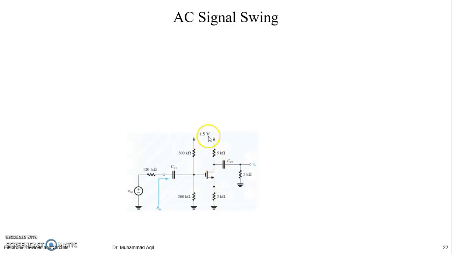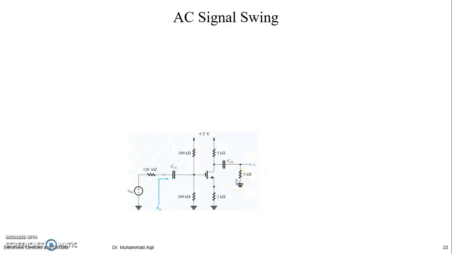So the overall division of this 5 volt will be appearing more across these resistances. It means VDS is decreasing, right? And we are having an output of negative phase, right?